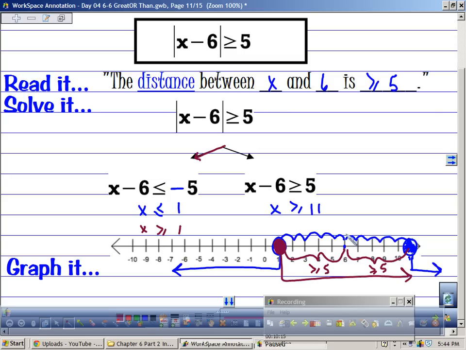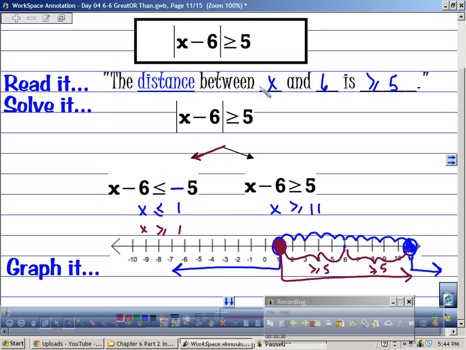Well, if it has to be greater than 5, then it needs to be above it. The distance has to be above it, and the distance over here has to be above it. Well, if I would have left my sign as greater than or equal to, it would have included all these values, which aren't correct. So that kind of gives you an explanation of why you have to switch that sign.